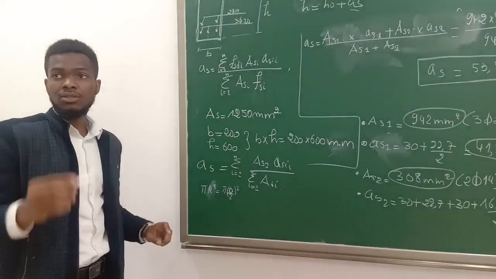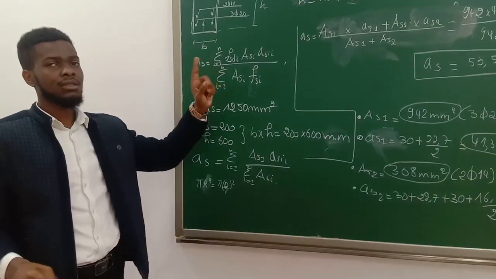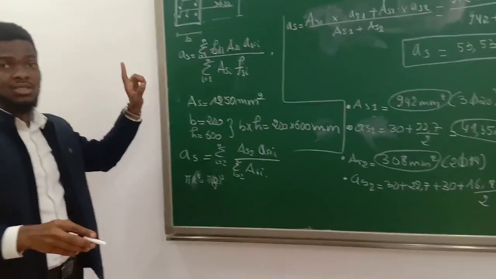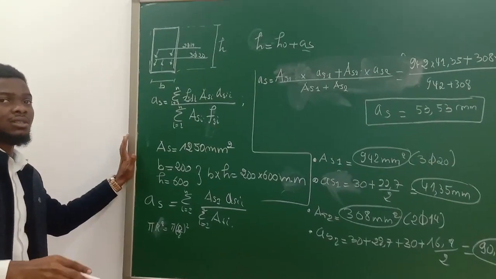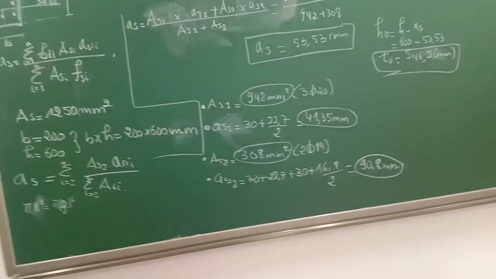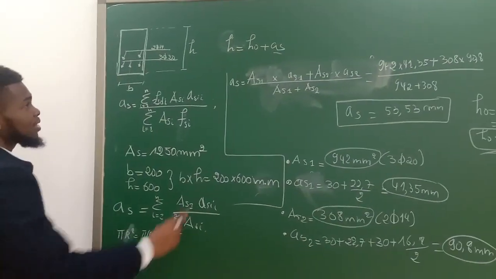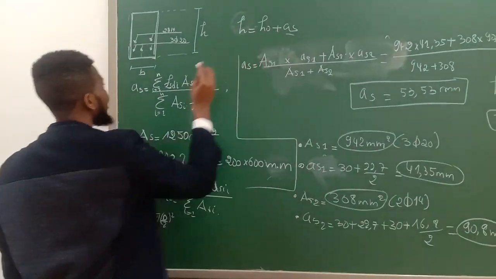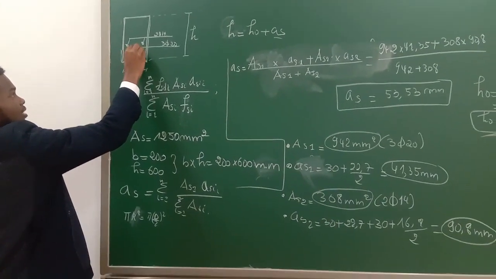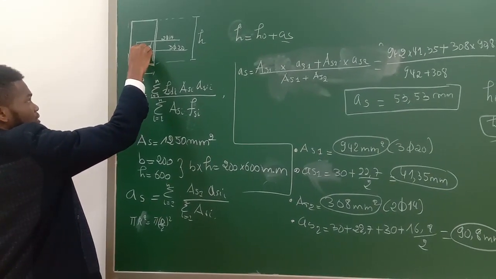H is the total distance. Actually, we have to find the distance from the middle to here.